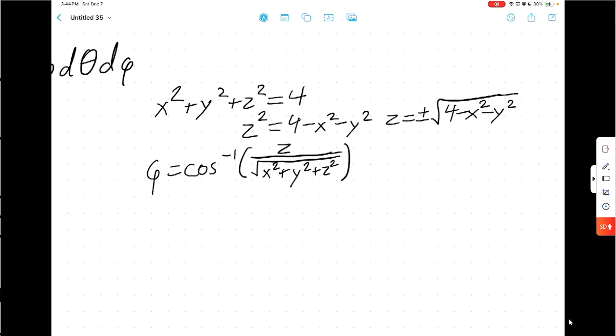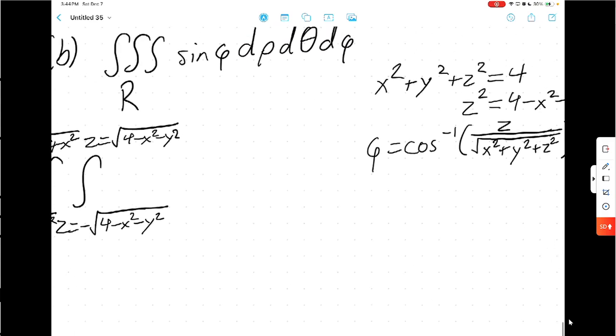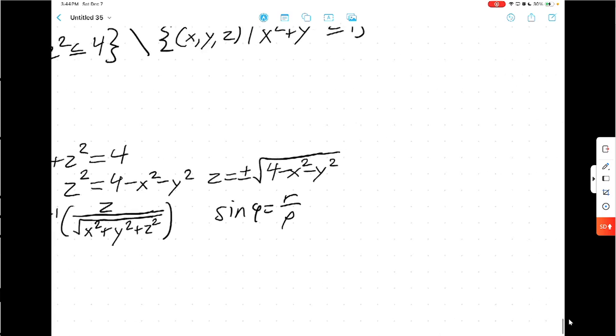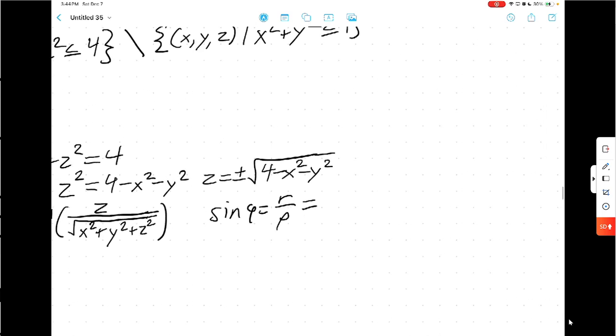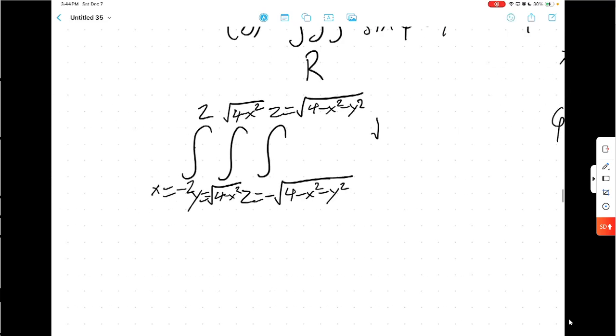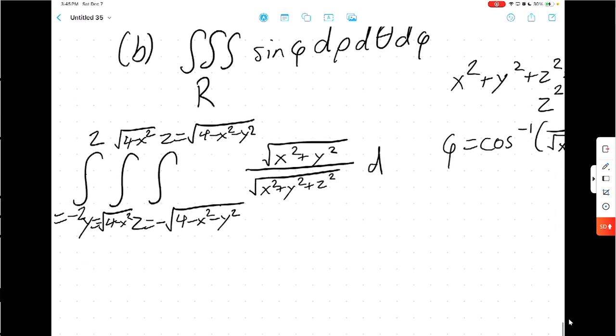The sine of this would just be r over rho. I could have just used sine phi equals r over rho, that would have been easier. Then r is the square root of x squared plus y squared over the square root of x squared plus y squared plus z squared. dz dy dx.